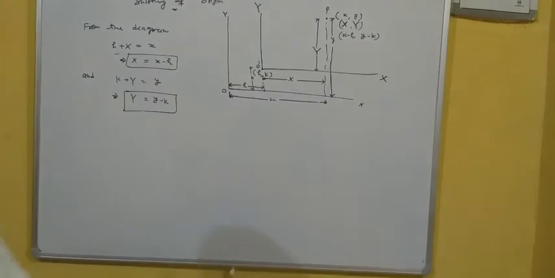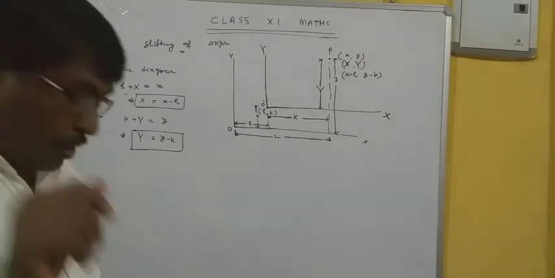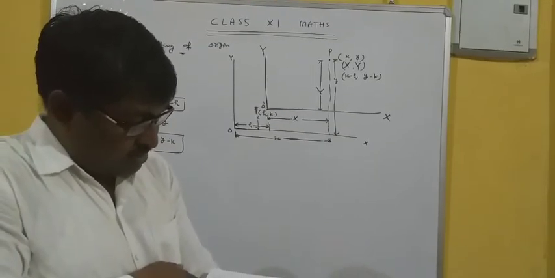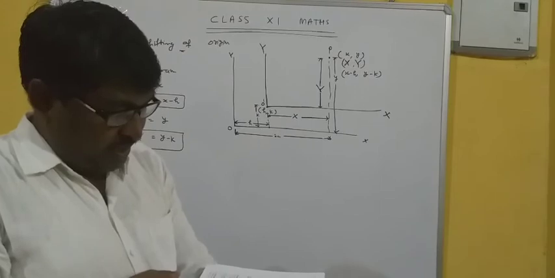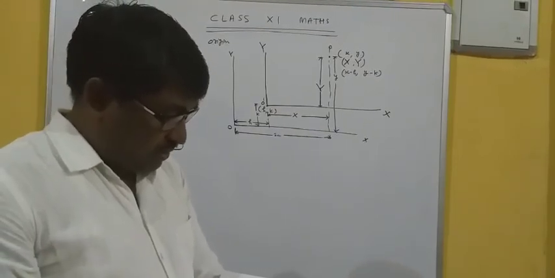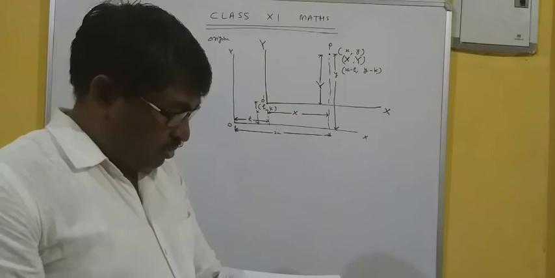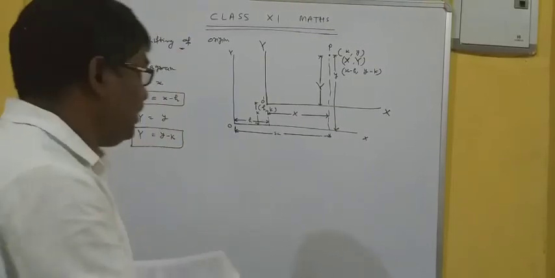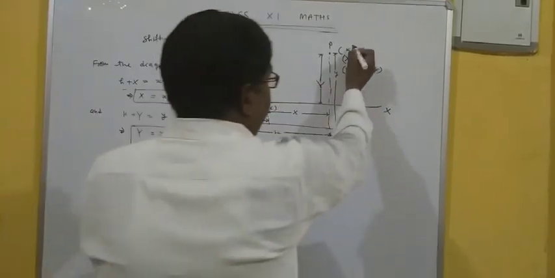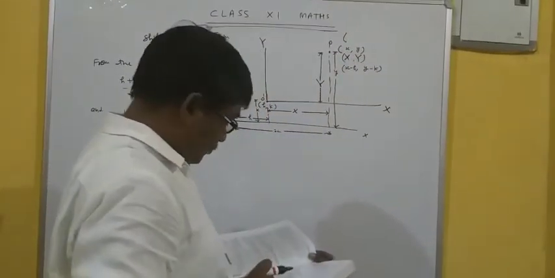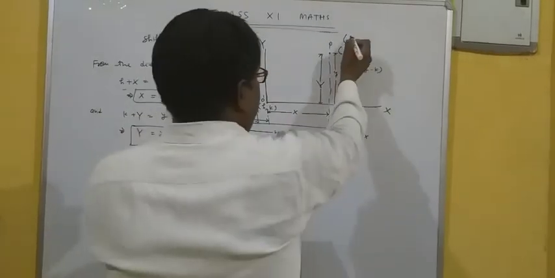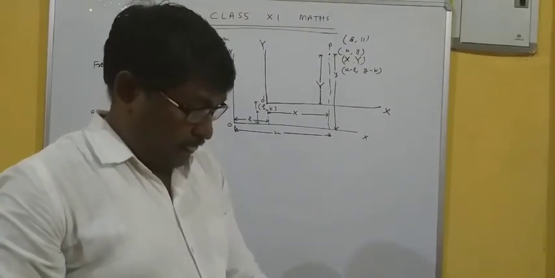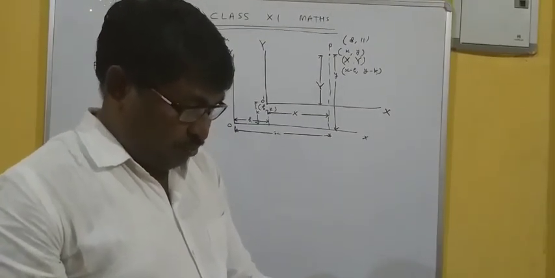Let's see an example. Find the coordinates of a point P if its coordinates with respect to the old origin are 8, 11, and the origin is shifted to the point 3, 5.